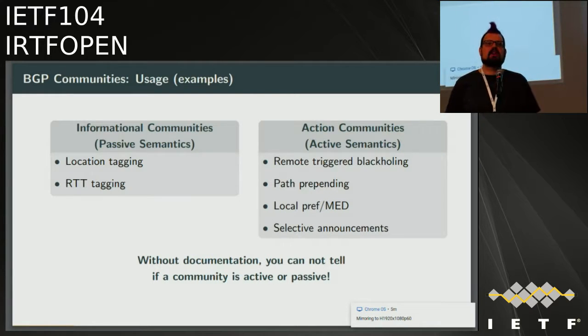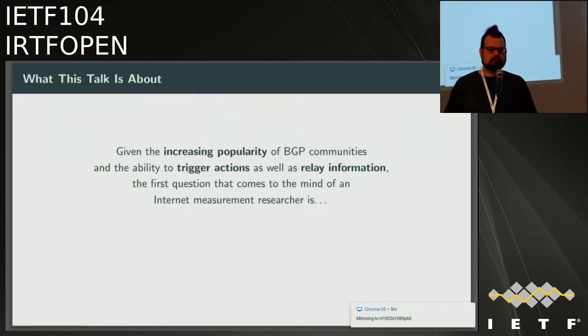The problem here is, without documentation of these values, you cannot see if the semantics is active or passive, because as already mentioned, the peers decide themselves what these community values mean. There is no bit indicating if it's an action community. And this leads into several sorts of problems.